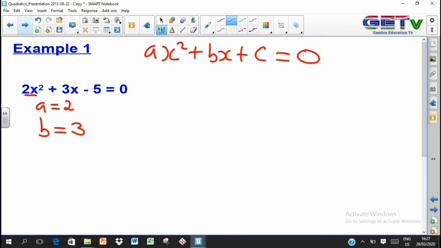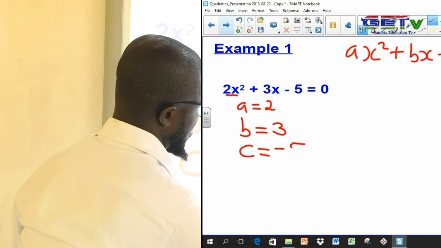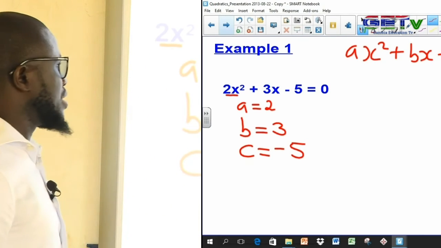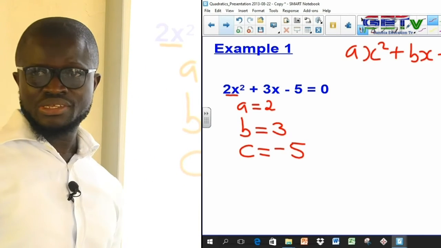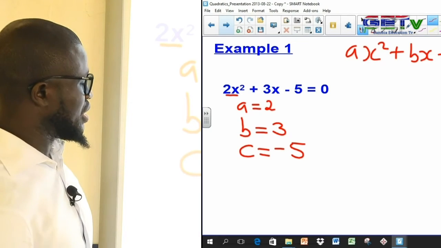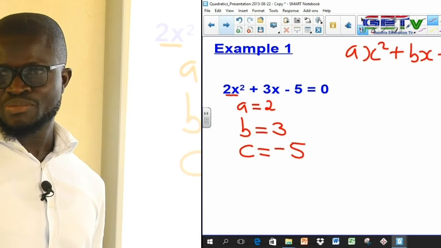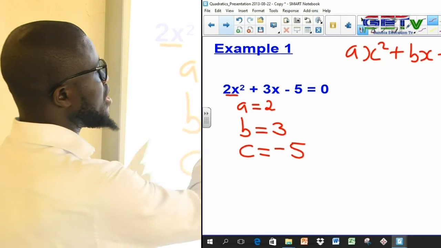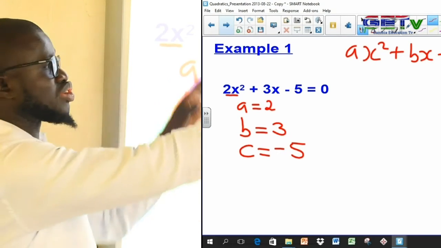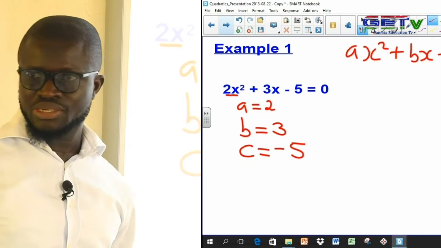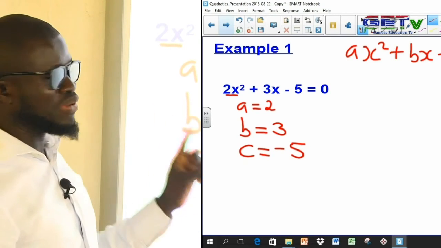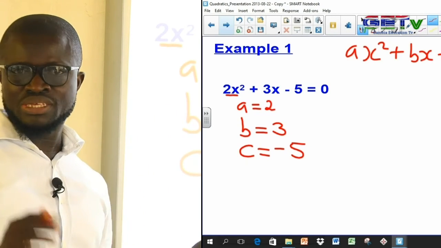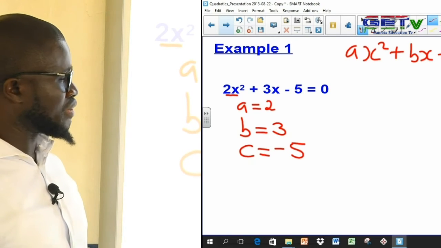And who can give us the value of c? c equals -5. In some cases, students will never put the -5, they will write only 5. I want to make it clear that if you ignore the negative sign, you will solve down to get answers, but the answer will not be correct. Please take note of the negative sign.